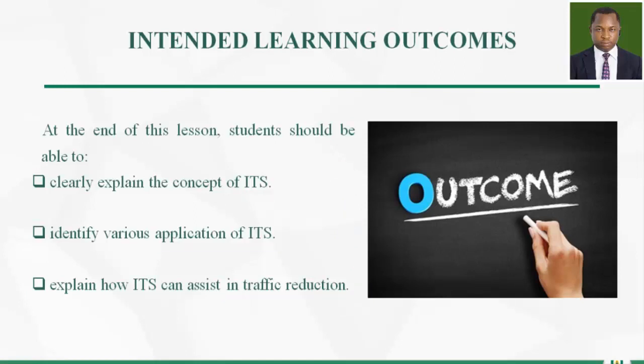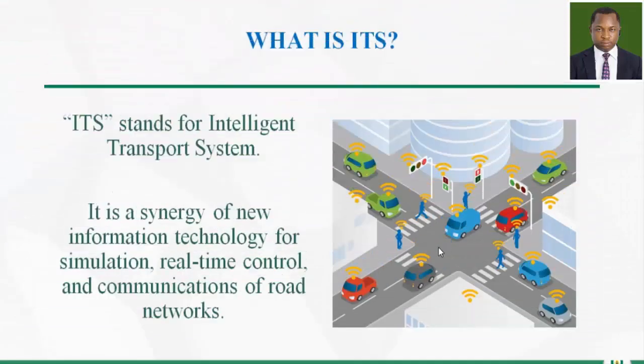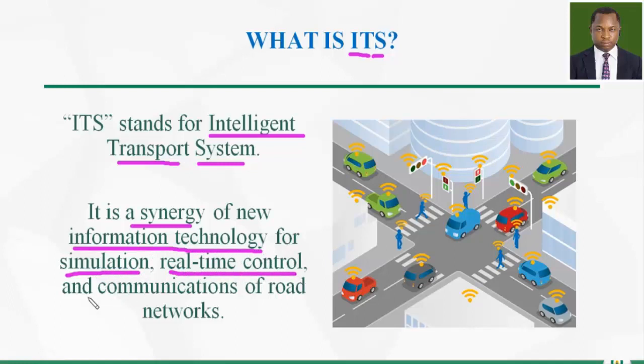Okay, so without any further delay, let's look at the meaning of ITS. What does ITS mean? The acronym ITS stands for Intelligent Transport System. Intelligent Transport System is a synergy of new information technology for simulation, real-time control, and communications of road networks.